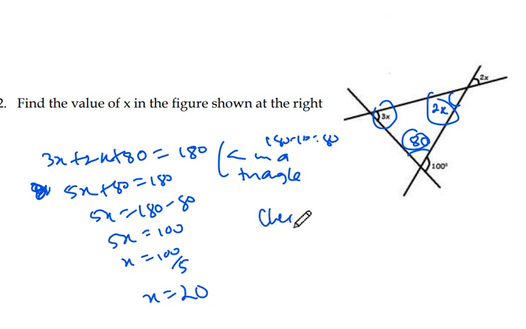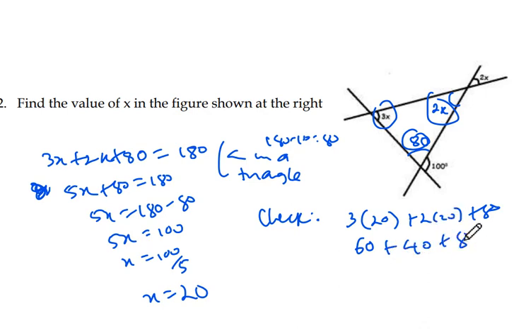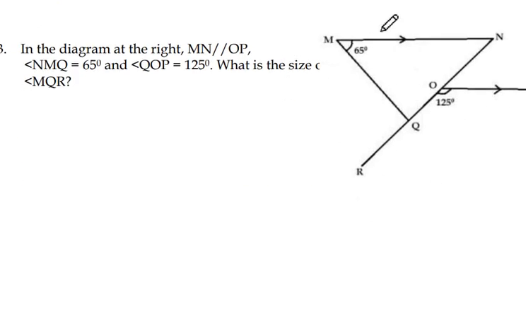Check: 3 bracket 20 plus 2 bracket 20 plus 80. 3 times 20 is 60 plus 2 times 20 is 40 plus 80. 60 plus 40 is 100. 100 plus 80 is 180, which is the sum of angles in a triangle. So checked.